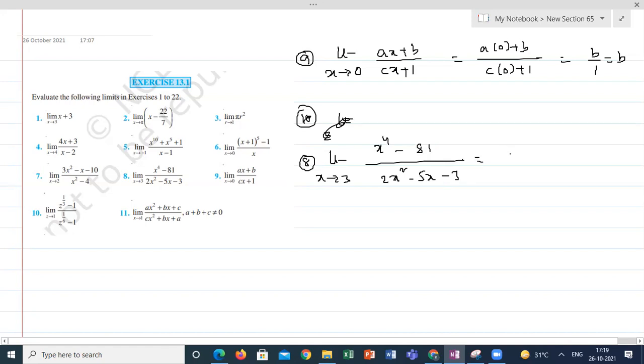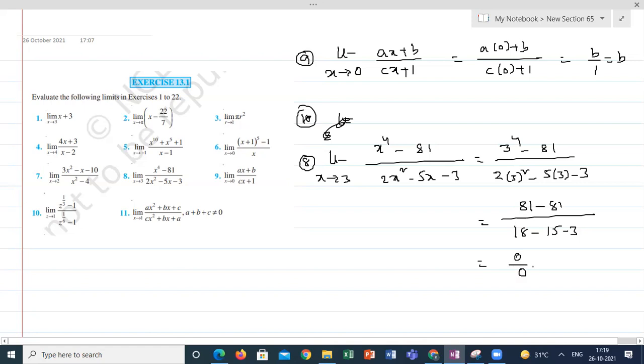If I am substituting straight away, 3 power 4 minus 81 divided by 2 into 3 whole square minus 5 into 3 minus 3. This will be 81 minus 81 divided by 18 minus 15 minus 3, which is equal to 0 by 0 indeterminate form.